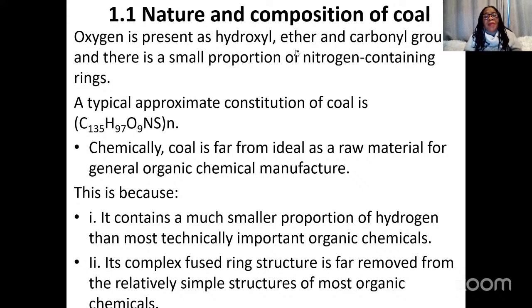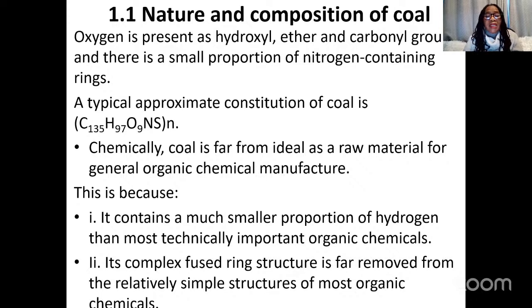So chemically, coal is far from being ideal as raw material for general organic chemical manufacture. And why is it so? It's because the structure you can see there is very complex. One reason is that it contains much smaller proportion of hydrogen than most technically important organic chemicals.